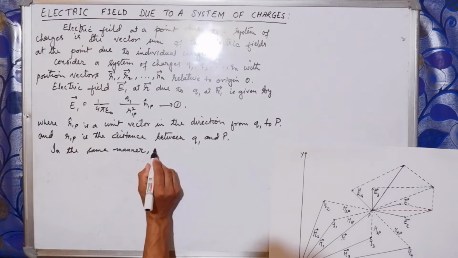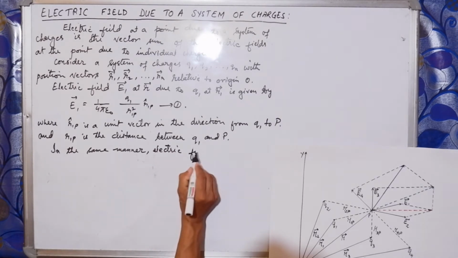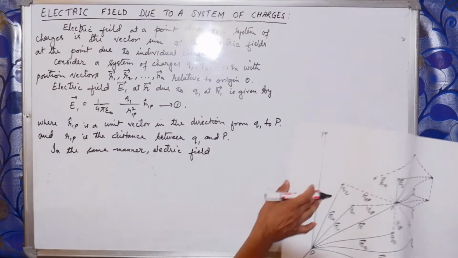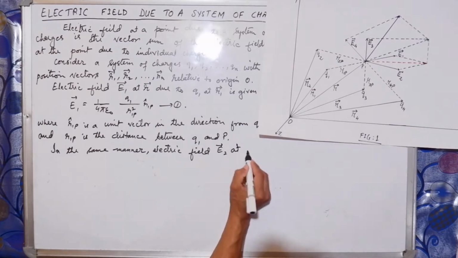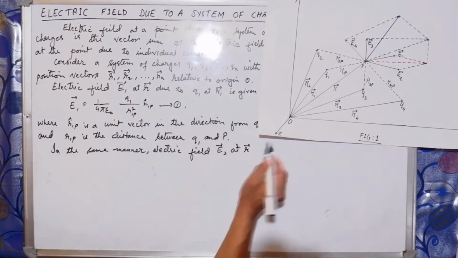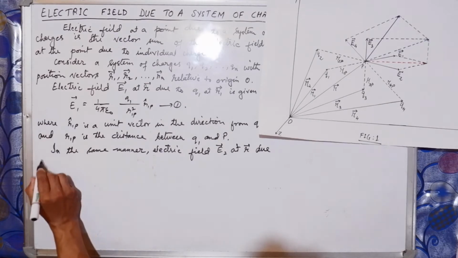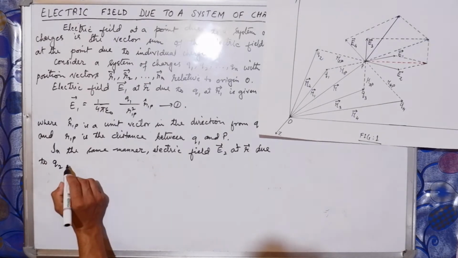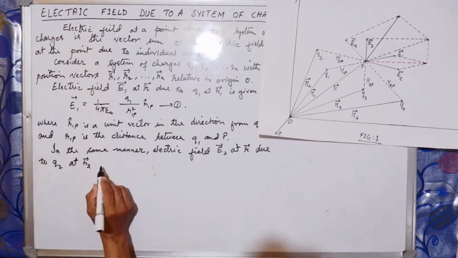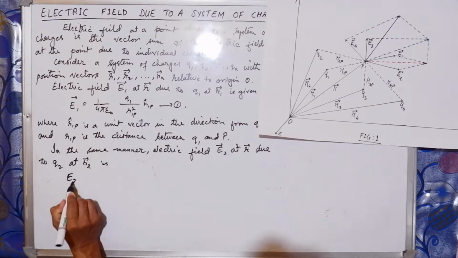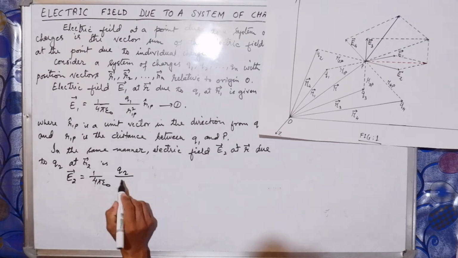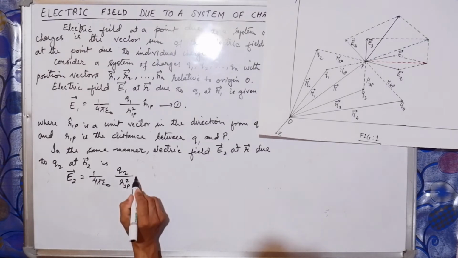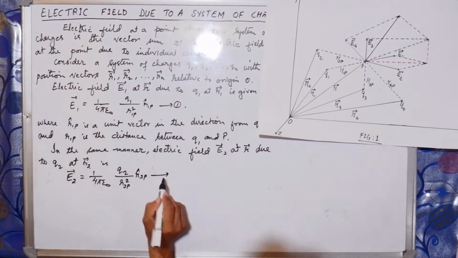In the same manner we can write the electric field E2 at R, which is at point P, due to Q2 at R2, is given by E2 equals 1 by 4 pi epsilon naught, Q2 by R2P square, R2P cap. Name this as equation 2.